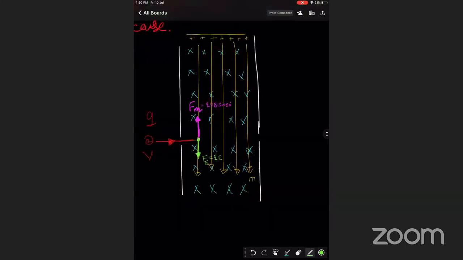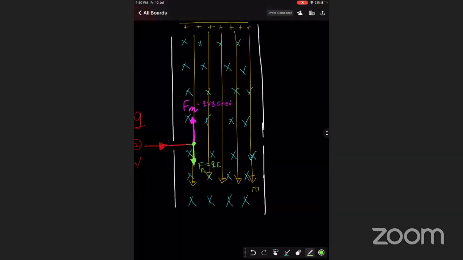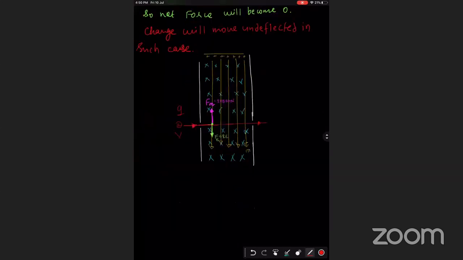If the upward and downward forces are equal, then where will the charge deflect: upward, downward, or no deflection? No deflection. So only those charges which have a particular velocity will pass through this gap.